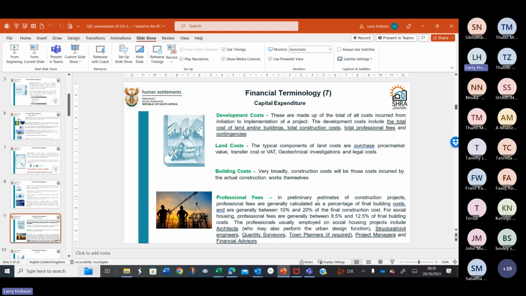Maybe these notes were written by somebody who's an engineer wanting to see 20% of the construction cost. That's unusual. So we are looking for a lower range, especially in social housing. We find we can keep those costs lower by using the same people over and over because they get used to the product that social housing is delivering. So they become more efficient with their own work and they don't need to charge you as much.